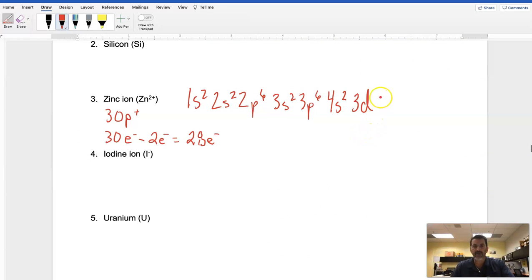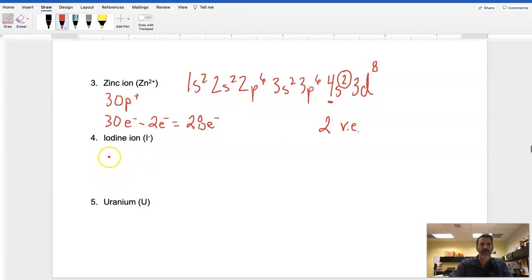Then I think we have 20, so we add an 8 right there, and now we have 28 electrons. I can add up the exponents. Now, valence electrons. Energy level 4 is the highest energy level, and there are 2 electrons, so I have 2 valence electrons, and everything else is called core electrons.